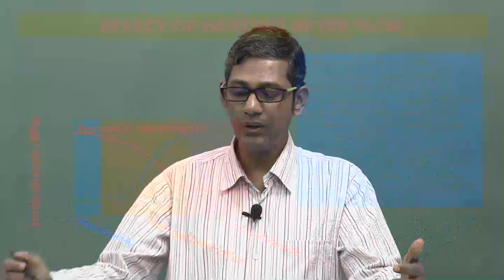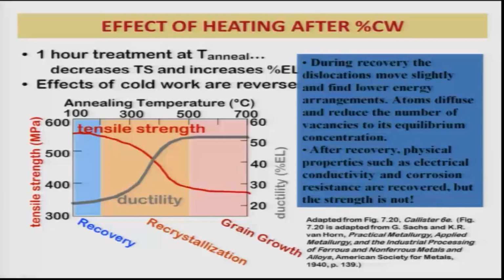As you see, during recovery, what actually happens is written here. Recovery is basically a process in which physical properties like electrical conductivity, corrosion resistance are recovered, but not the strength. As you see, tensile strength has not decreased much, ductility has improved a little bit from about 20% to 23-24%, but strength has not changed substantially.